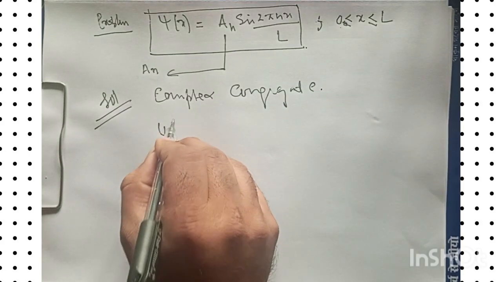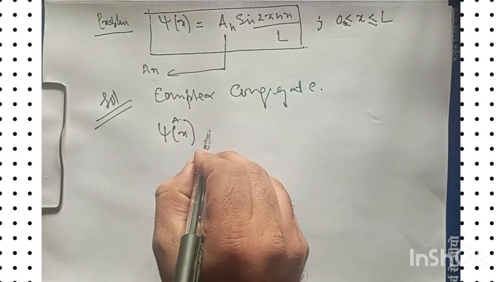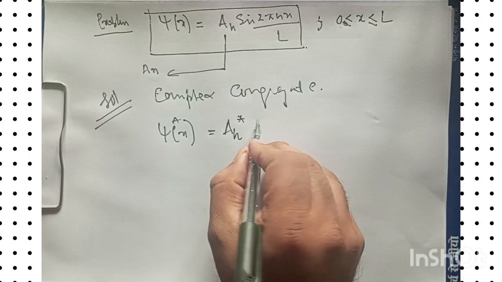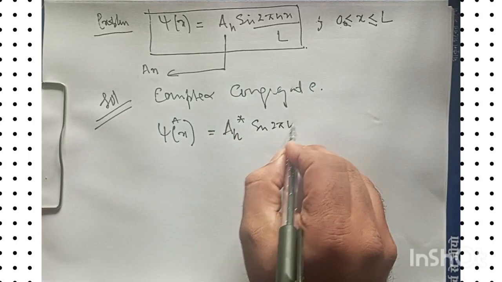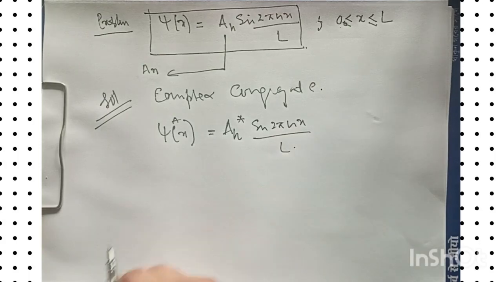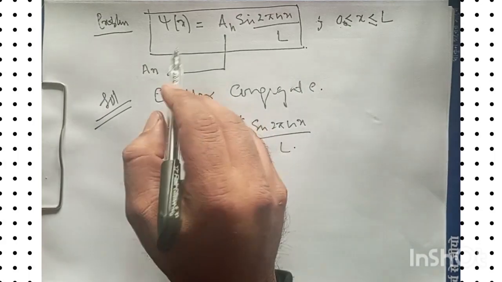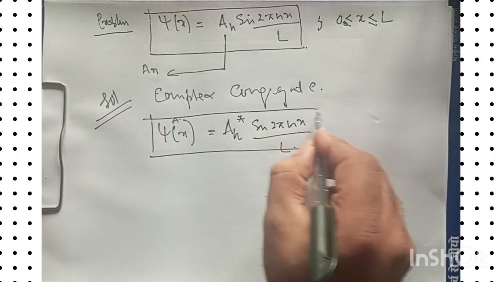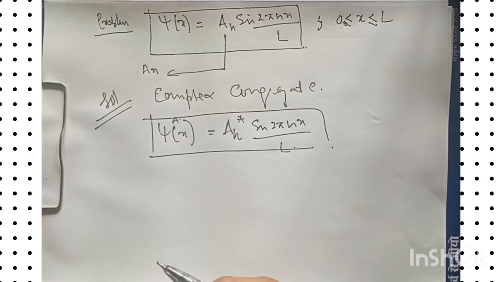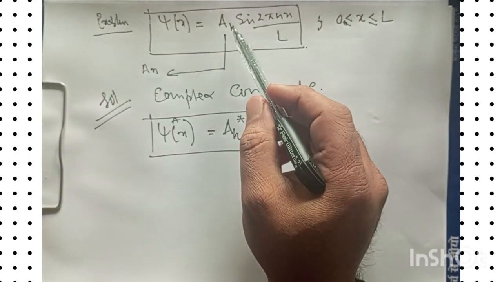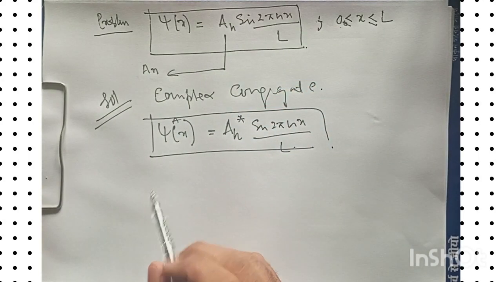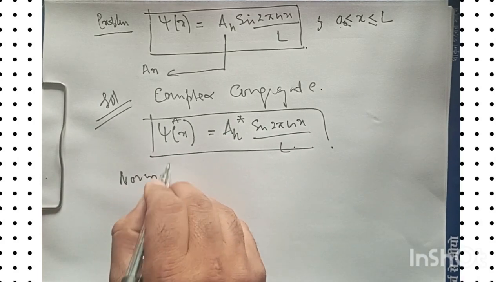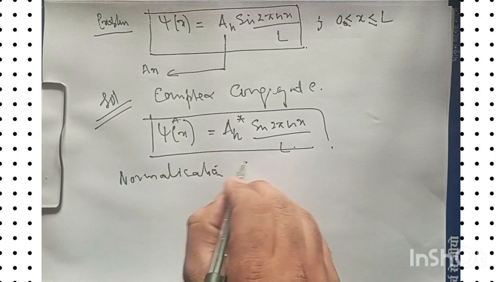That will be psi star of x, then this An star sine of 2 pi n x by L. So I have the wave function psi, and I have written down its complex conjugate. Now, in order to calculate the value of this constant, the value of this An, I have to use the normalization condition.